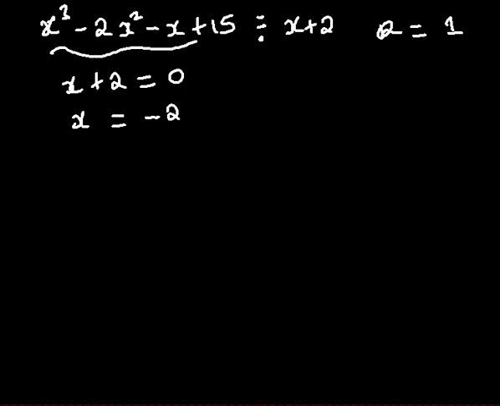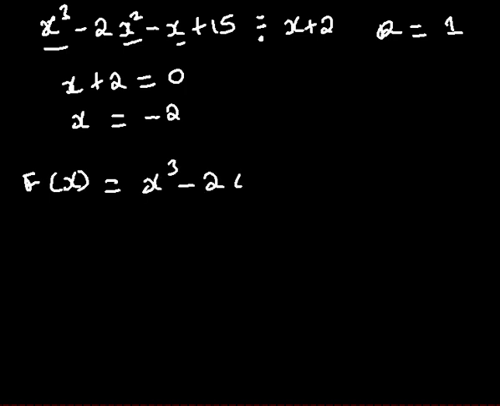And let's consider our dividend to be a function. Since the dividend is in terms of x, it is expressed as a function. We can have f of x equal to x cubed minus 2x squared minus x plus 15.